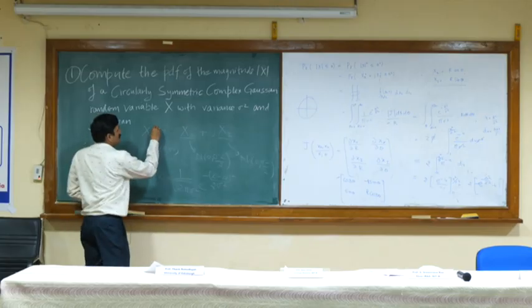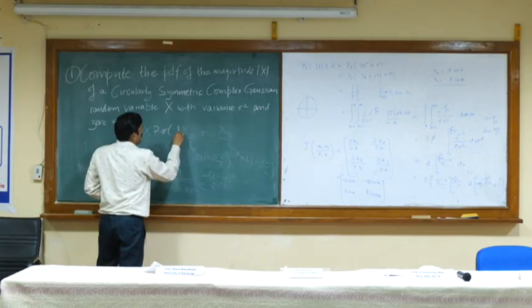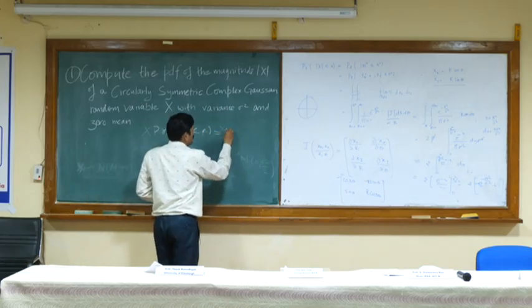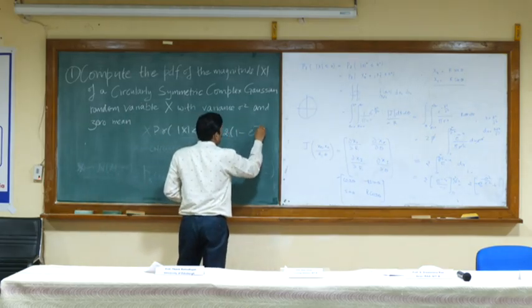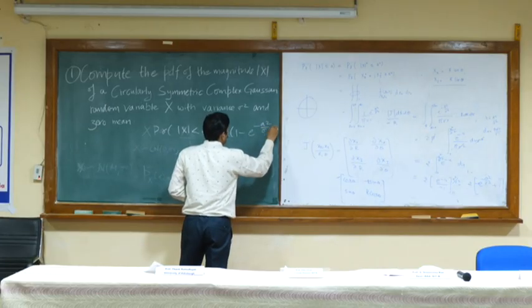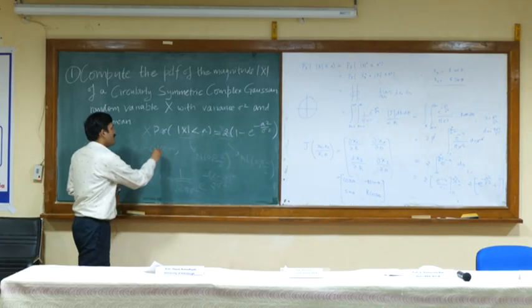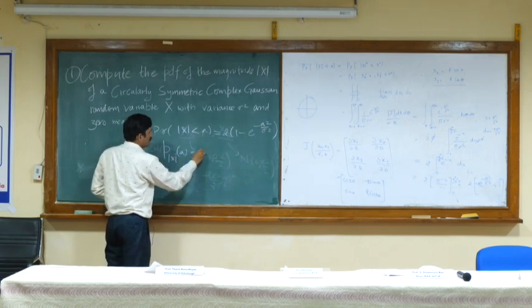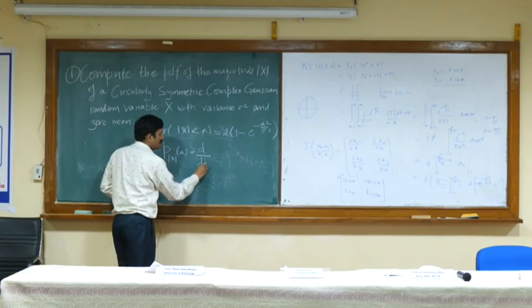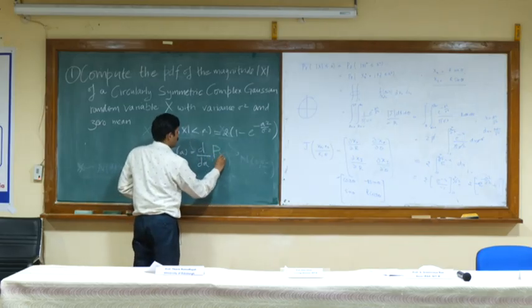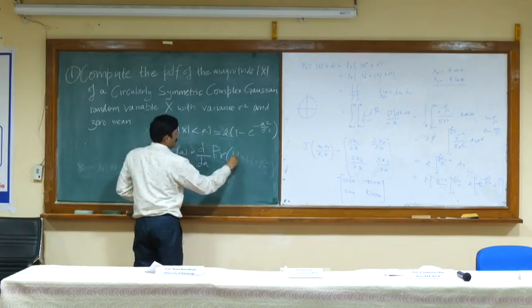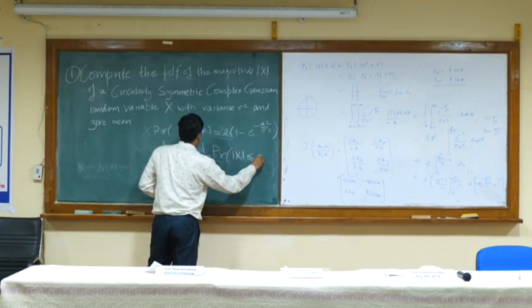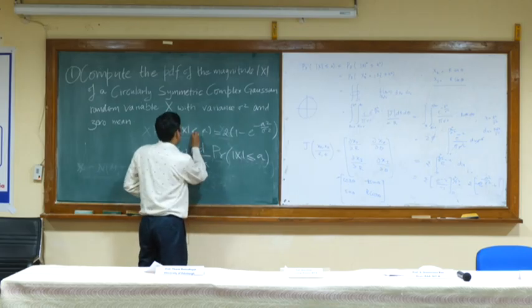We have probability of x less than a equals 2 times 1 minus e to the power minus a square divided by sigma square. I want the probability of the magnitude of x at a, which is equal to d by dA of the probability of x less than or equal to a.